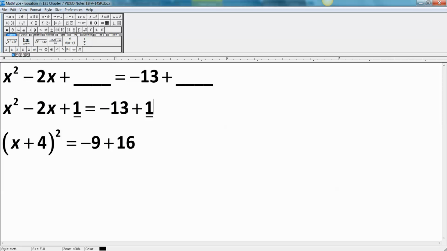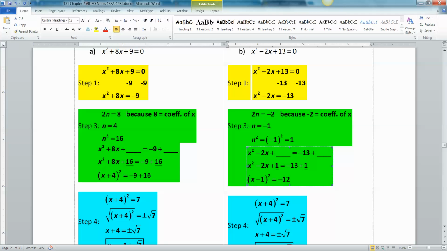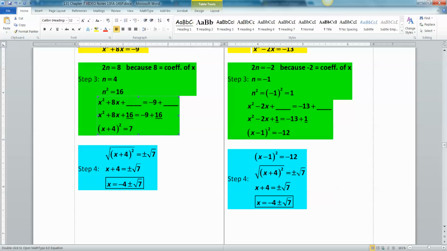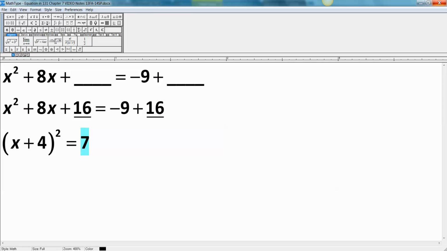Now the left side is automatically x minus n squared, and n was 1, equals negative 12, because when you take negative 13 and add 1 to it, you get negative 12. And it just occurred to me that I could have added back here, negative 9 plus 16 is 7.